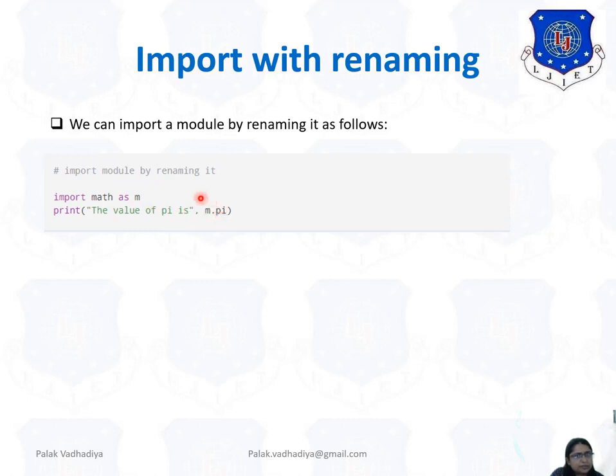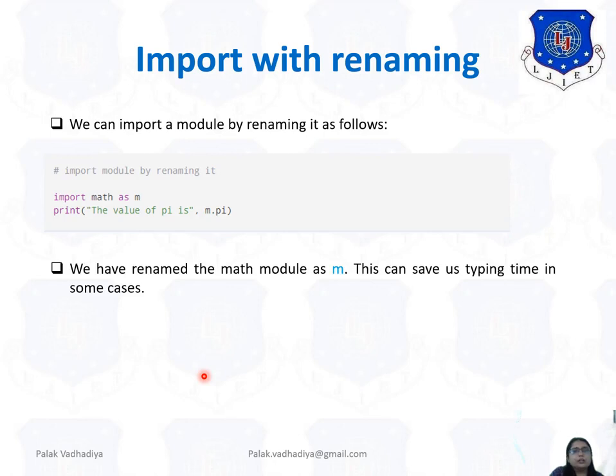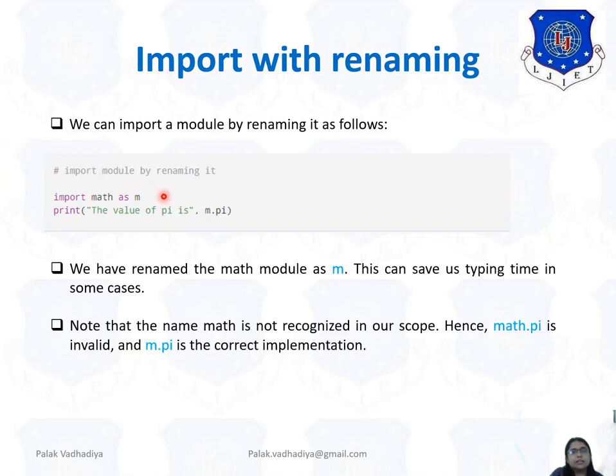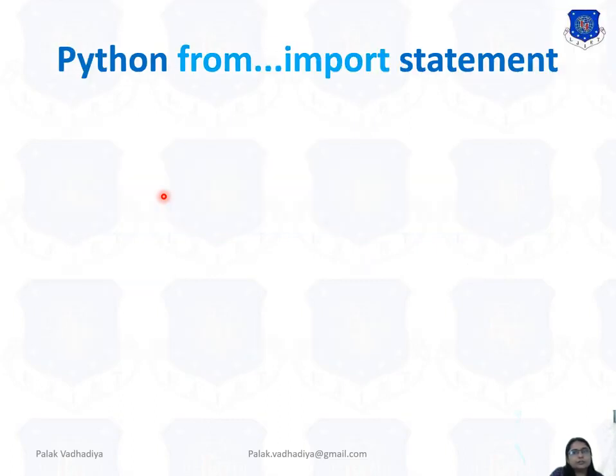But just remember one thing, whenever you want to use a function that resides under any module, you have to write the module name first, then dot, and then the function. So here, the same thing, we are just renaming math as m, and then calling that function.